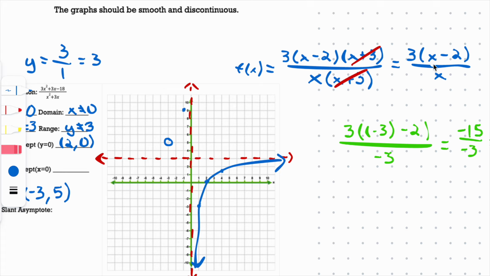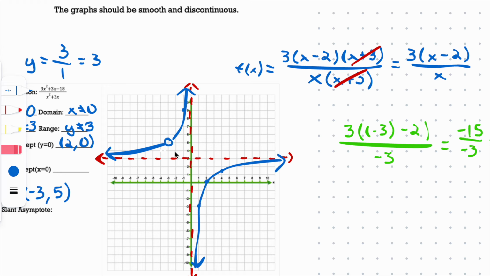Okay, negative 6. Negative 6 minus 2 is negative 8. Negative 8 times 3 is negative 24. Negative 24 over negative 6 is positive 4. So I know we have a point right there. And again, we start to see our shape start to form. And so it looks something along the lines of that.